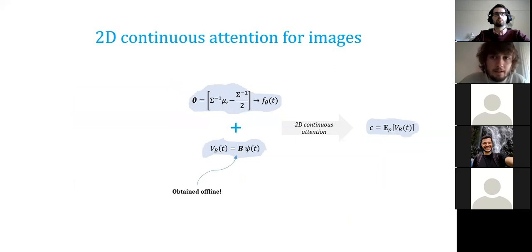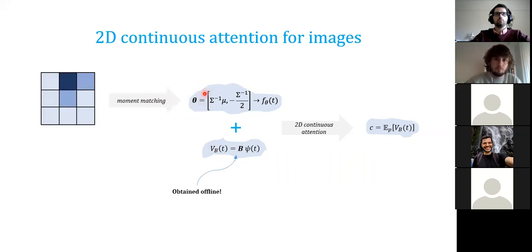Okay, at this point, we already know how continuous attention works, assuming that we have a score function f and the value function v. But we still need to understand how we can obtain these parameters theta. In our paper, we opt to use a merged setup where theta is obtained from discrete attention using moment matching.